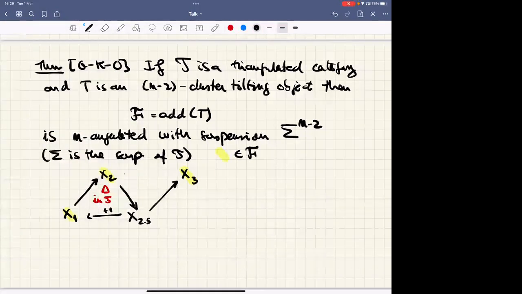This one here, this other one here, and this map here is a map that T somehow regards as an injection.